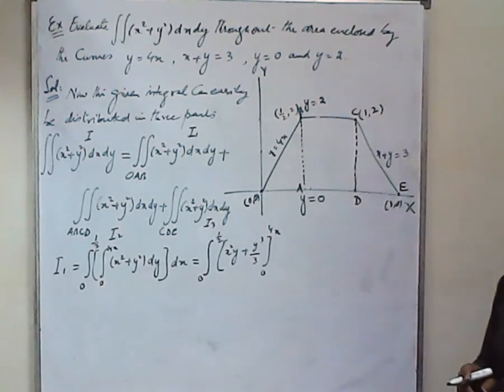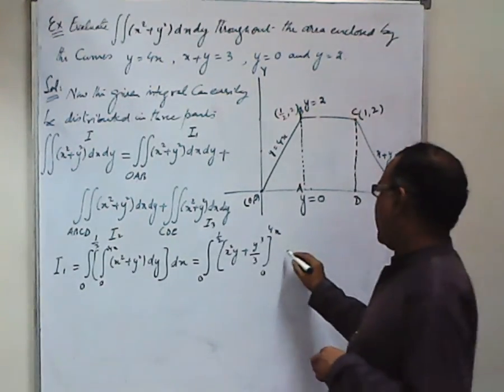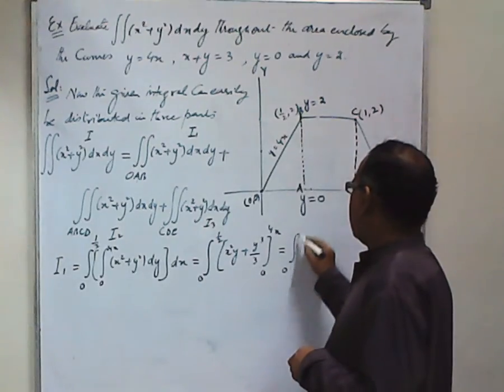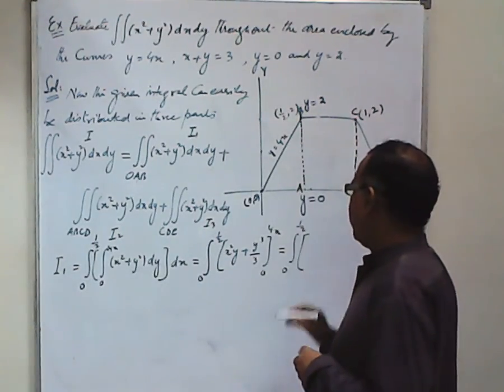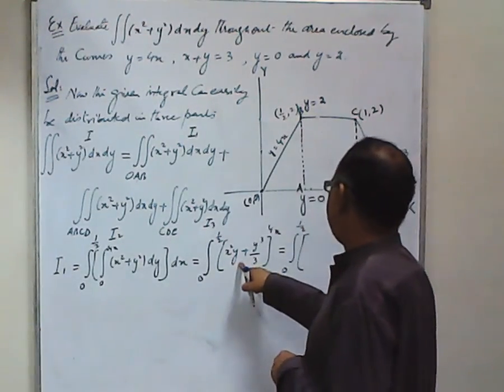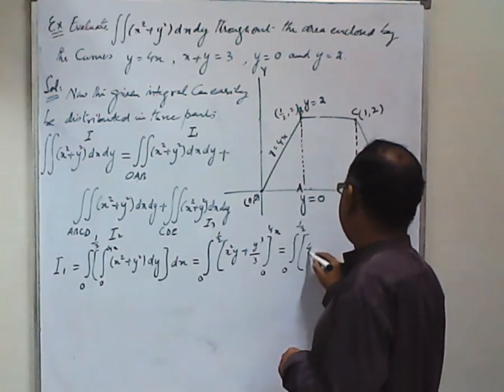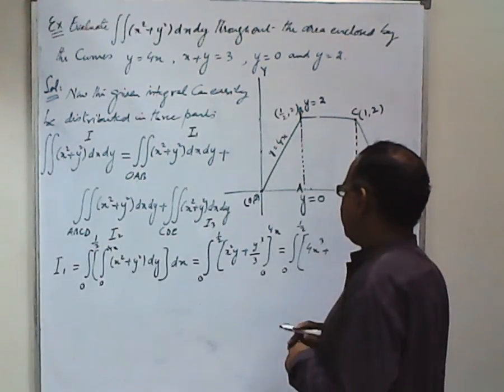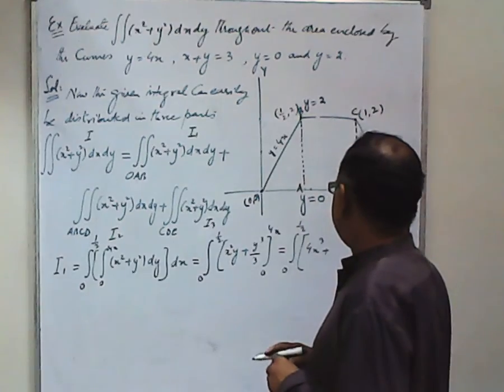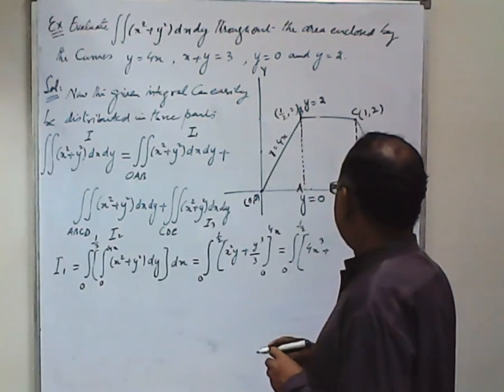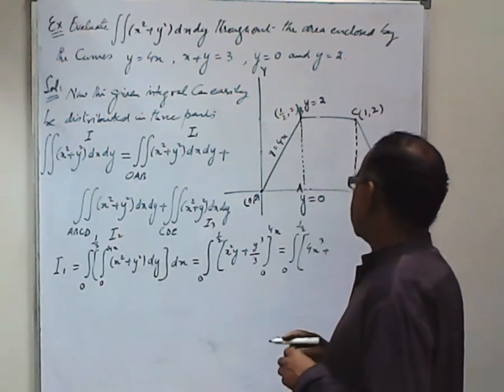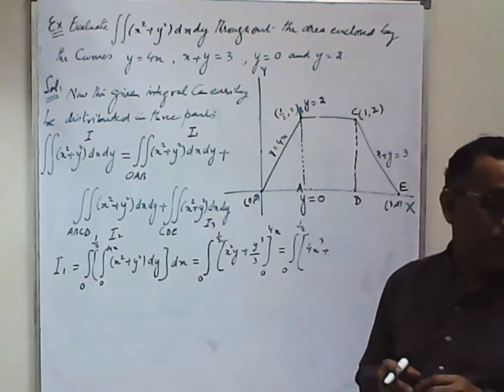We substitute the values from 0 to 4x. So it will be 0 to half, and if we substitute 4x in place of y, we get 4x cube.